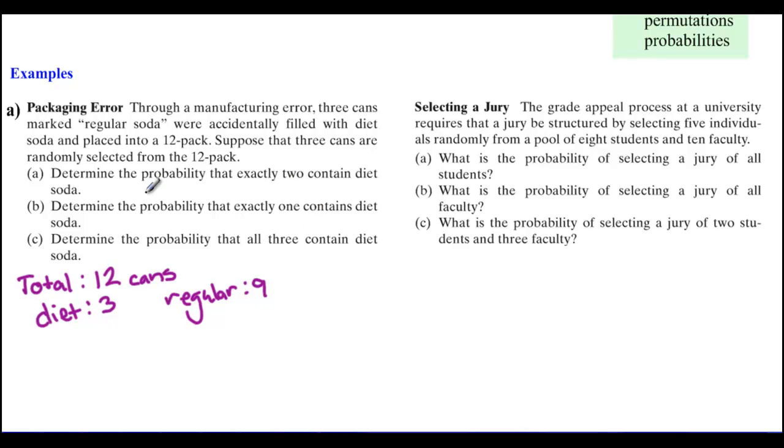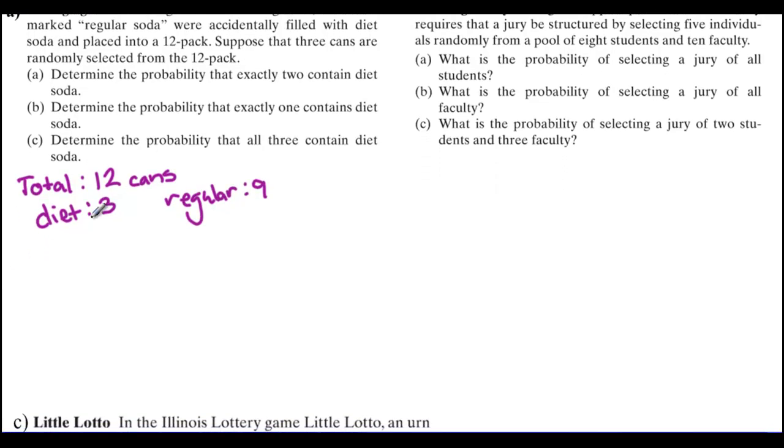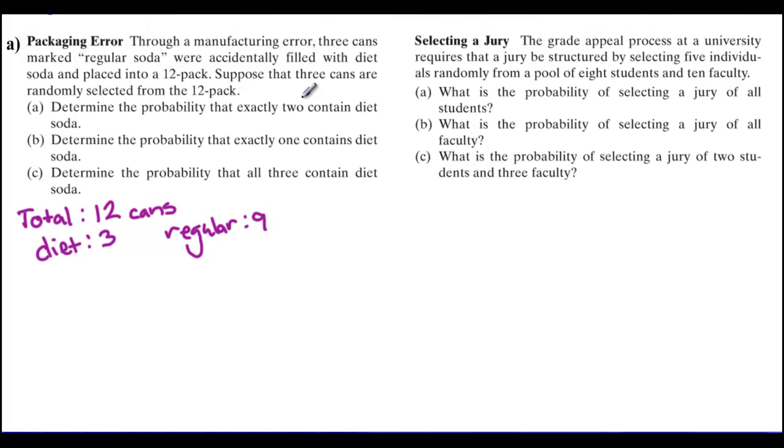And so it's asking us to determine the probability that exactly 2 contain diet soda. Well, if we look at this in groups, we have a group of 3 diets and a group of 9 regulars. And it tells us that we are picking 3 cans.